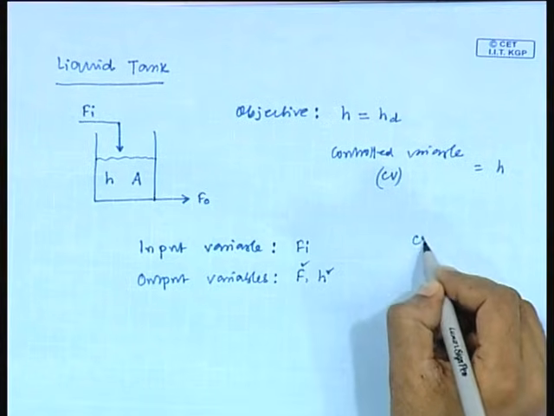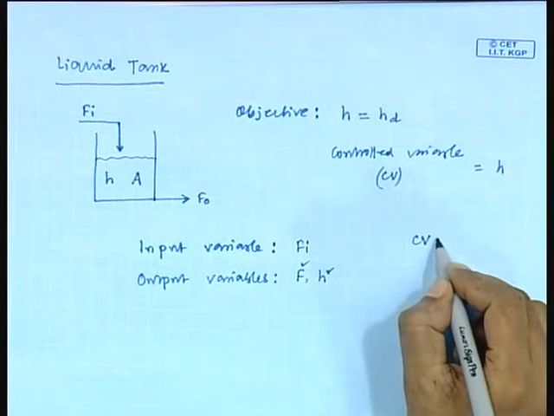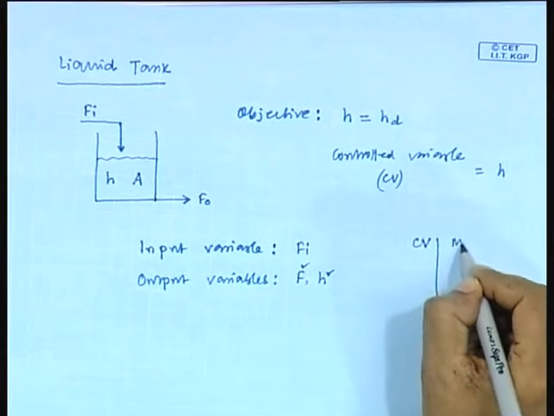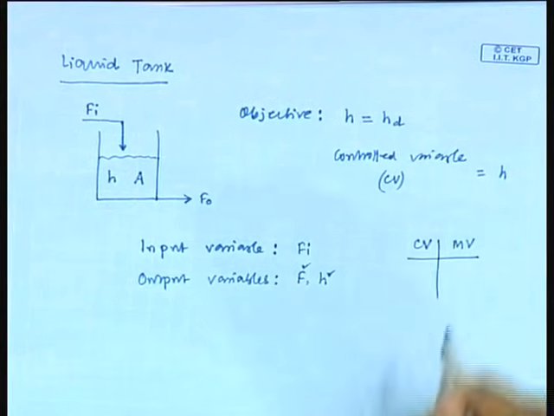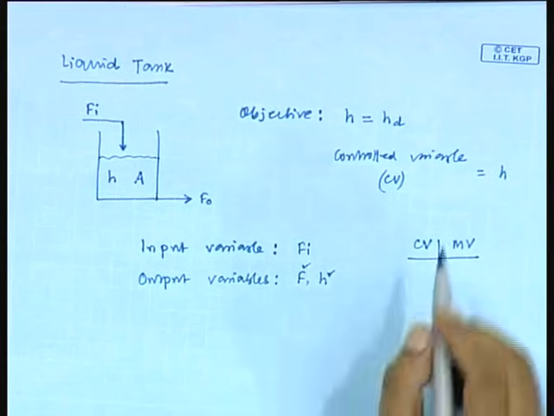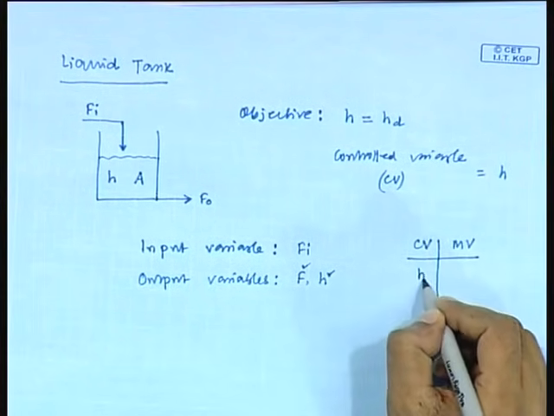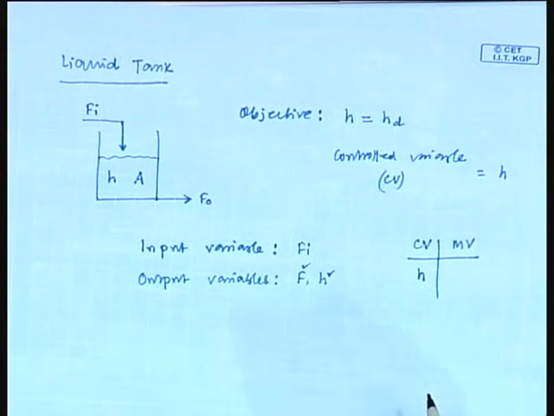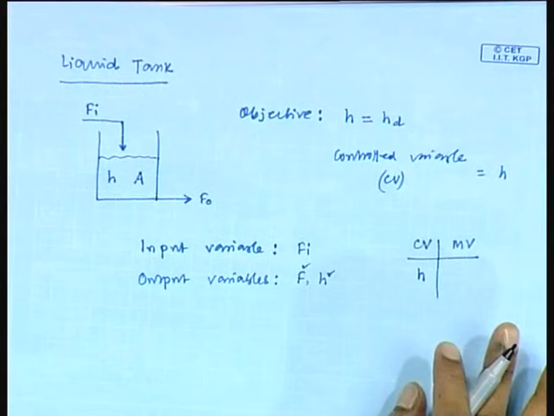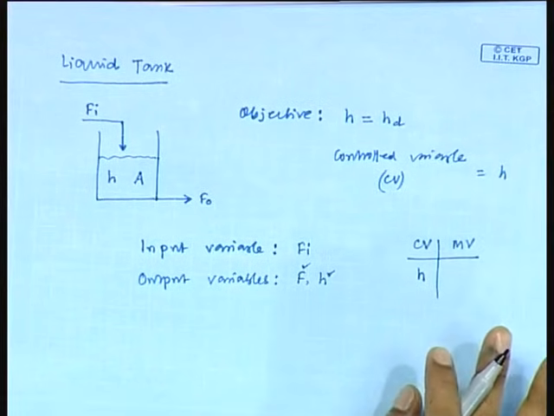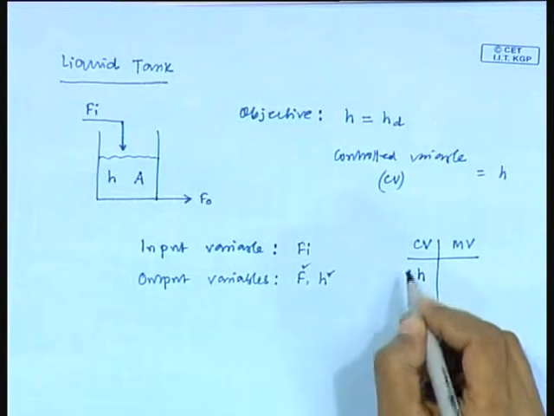Now, for this example system, can you make a pair between controlled variable and manipulated variable? We have decided that for this particular system, liquid height in the tank H is the control variable. So, what will be the corresponding manipulated variable? I mean, to maintain this liquid height, which variable we can adjust?